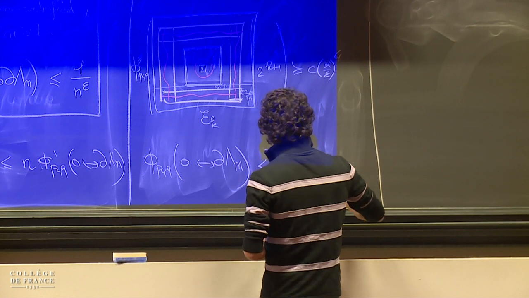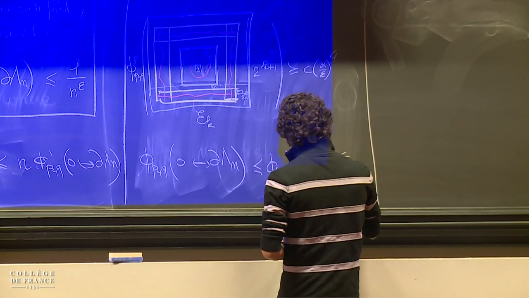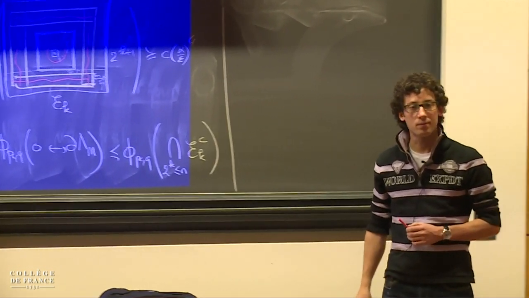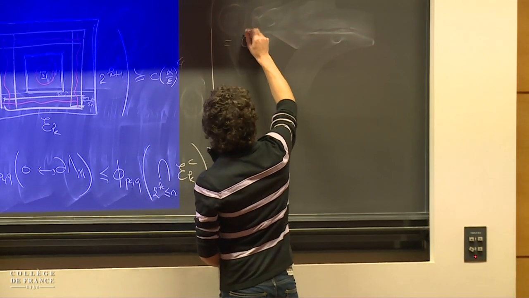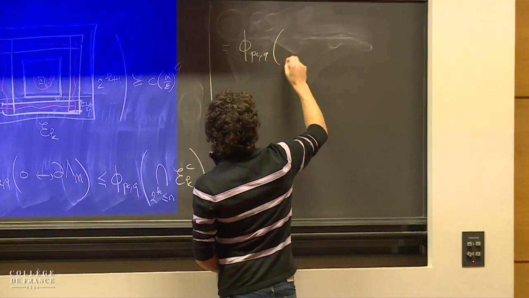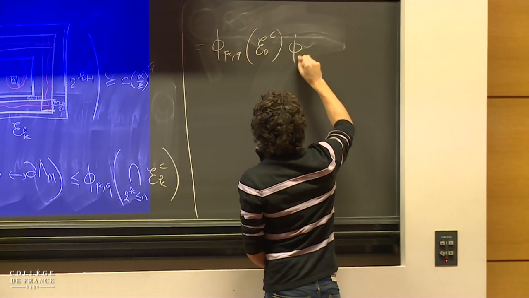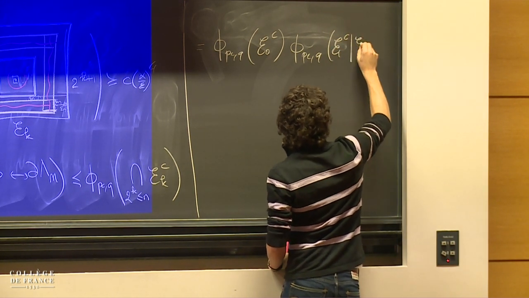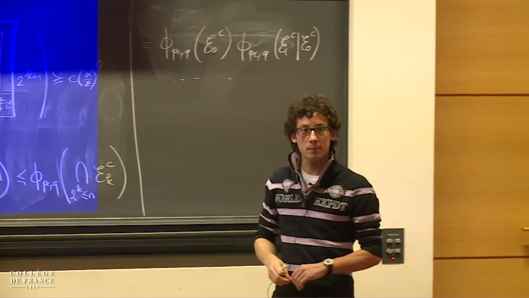Yes? So this is definitely smaller than the probability of the intersection of the complement of EK for all the scales which are smaller than n. So now here what I can do, I can say, okay, this is phi PC Q of epsilon 0 complement times phi PC Q of epsilon 1 complement knowing epsilon 0 complement, and so on. Okay?